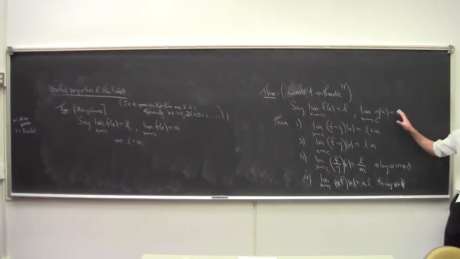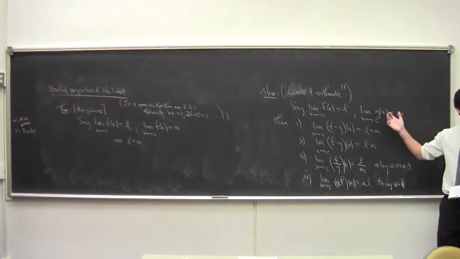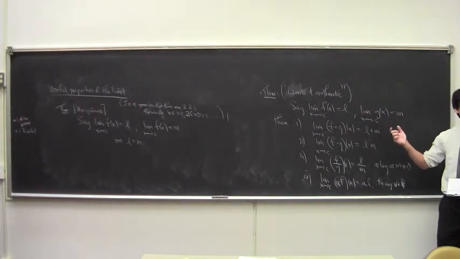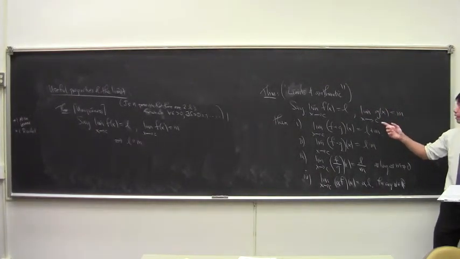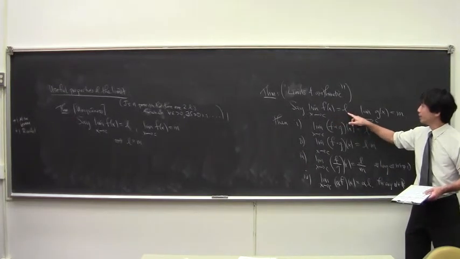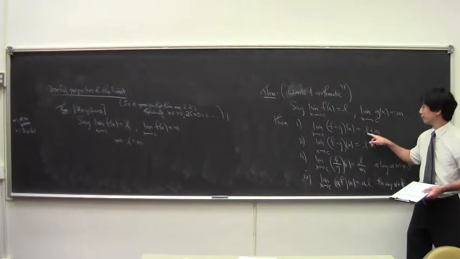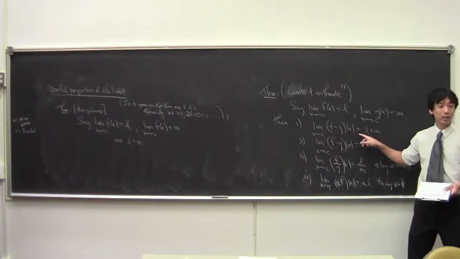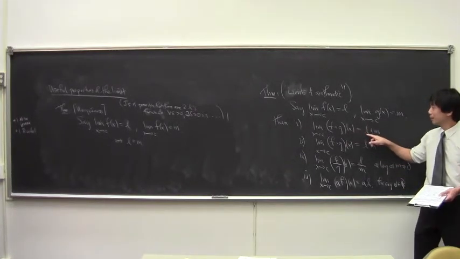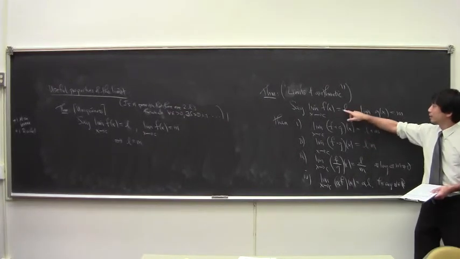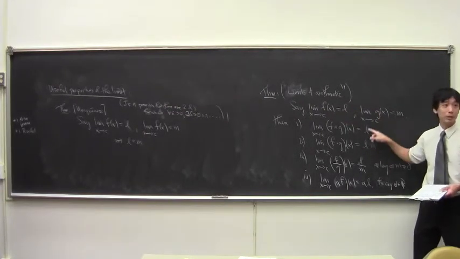Okay, so all this is saying is that the limit interacts with arithmetic kind of as you hope it would. If the limit of one guy is L, the limit of the other guy is M, then the limit of the sum is going to be L plus M. Another way of reading this is that the limit of the sum is the sum of the limits of the individual guys.